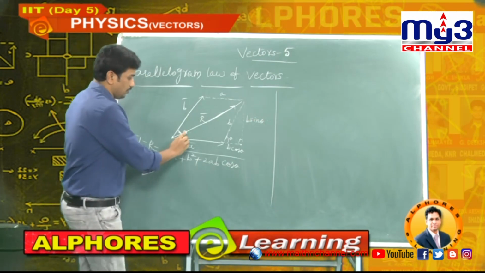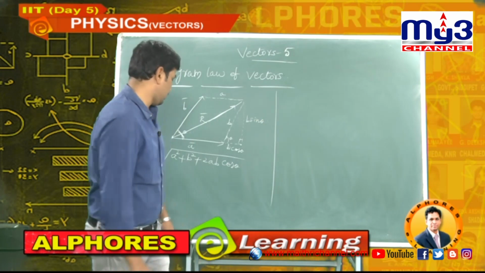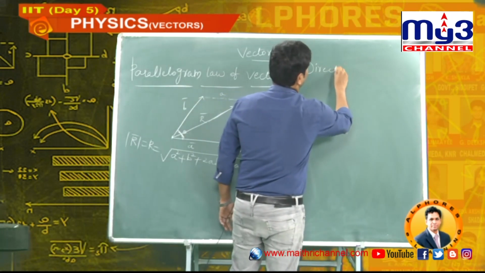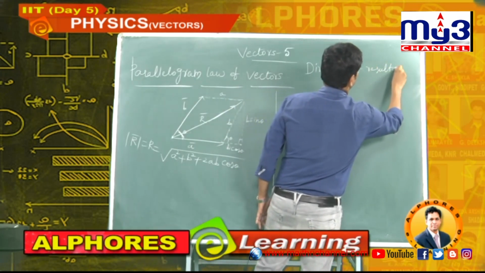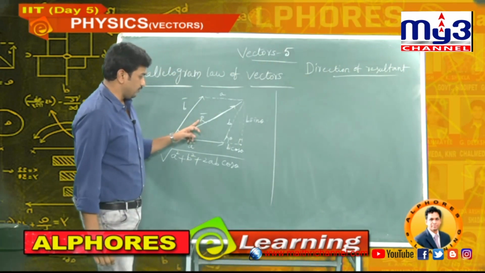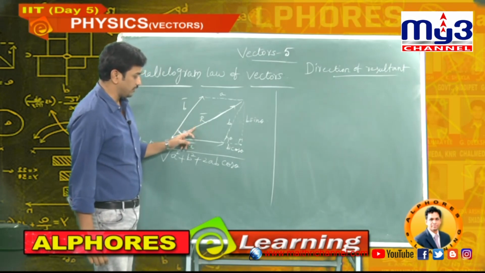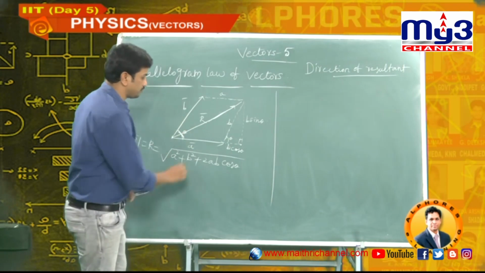Now we should calculate the direction of the resultant. How to calculate the direction of the resultant? The resultant vector has some angle with respect to A bar and some angle with respect to B bar.